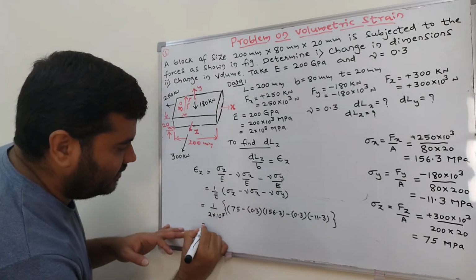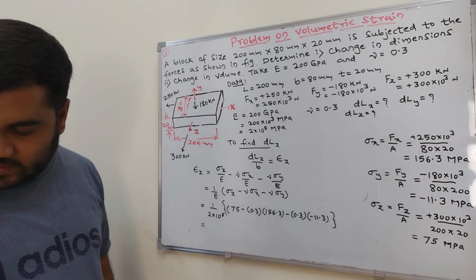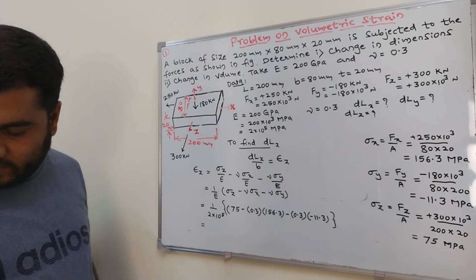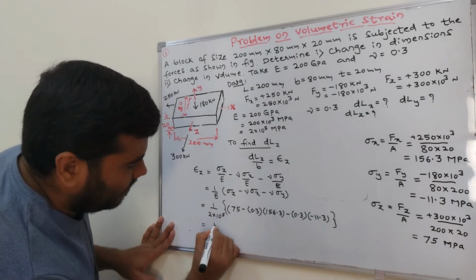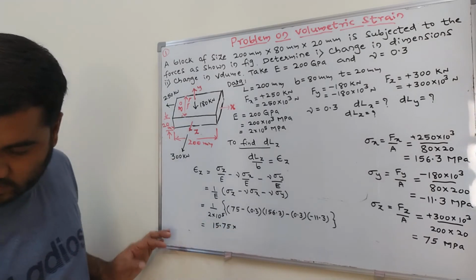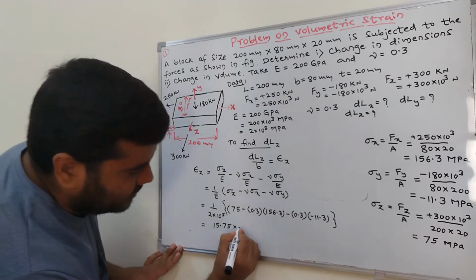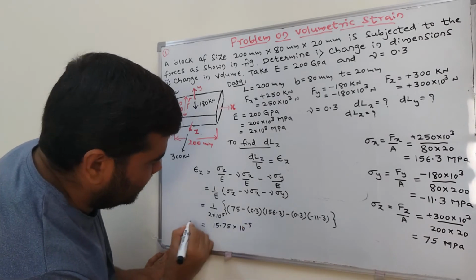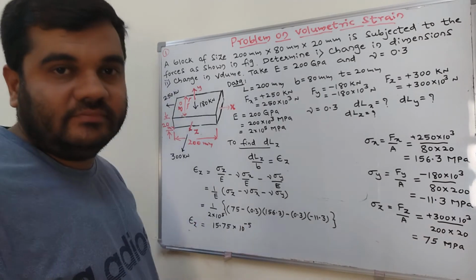After simplification you will get strain in z direction as 15.75 into 10 raised to minus 5. This is strain in z direction.